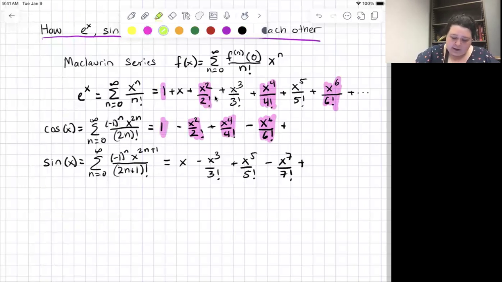If I now look at my sine function, I have my odd terms, and if I look back at the exponential, I have those odd terms again. But again, we have this issue where in the exponential series we have only positive terms, but with sine and cosine we have terms that go from positive to negative.